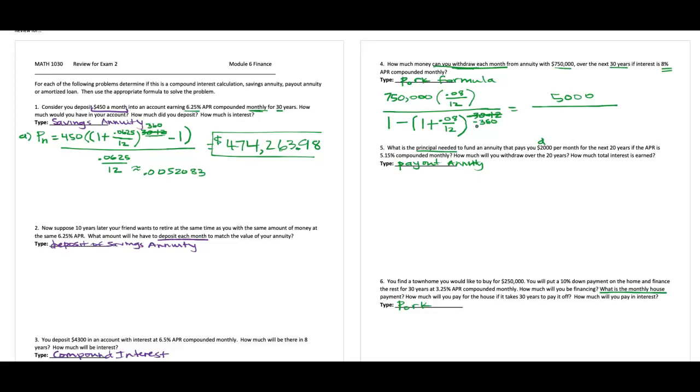Hit enter, add 1 to it. Hit enter. Raise it to the negative 360th power. So we've got to make sure that's raised to that negative power. All right. And then you're doing 1 minus that number.